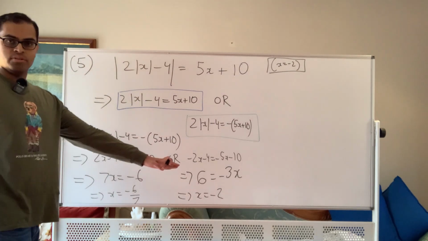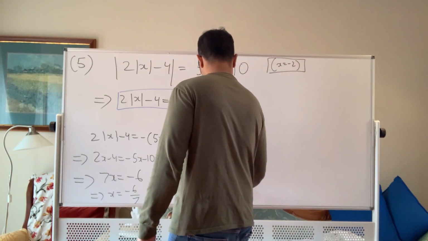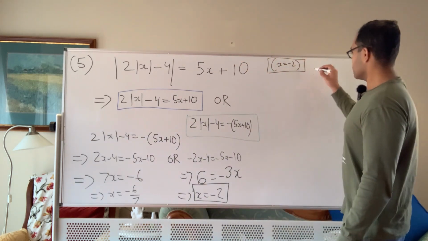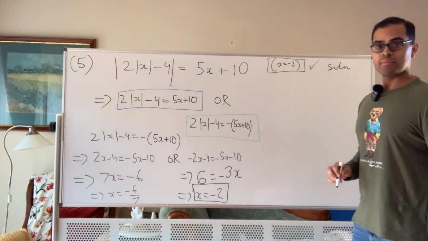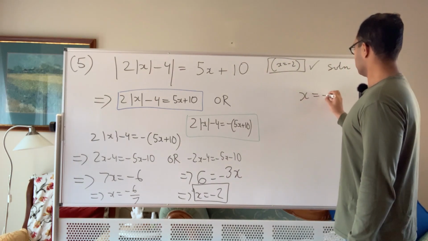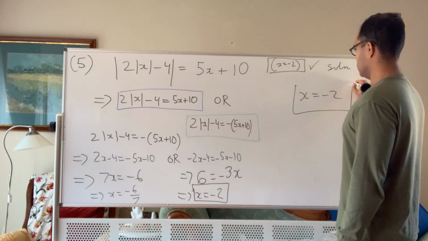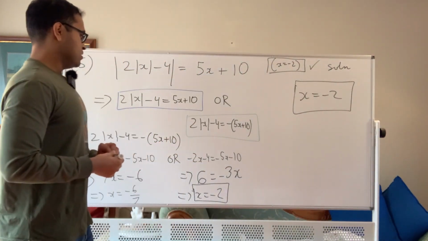That was already a solution. Okay, so that was already a solution that we found. And so that's going to be a solution to the problem, and that's the end of the problem. That basically this solution solved for x is equal to minus 2.